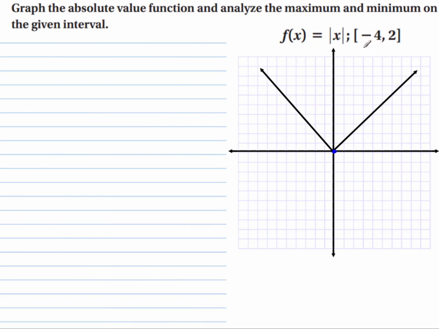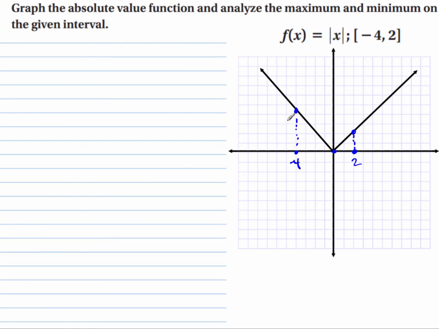Now, when I look at this closed interval, I need to come and actually mark it off on my graph. 1, 2, 3, 4. So this is -4 and 2. All right, so here is the function at -4, and here is the function at 2.